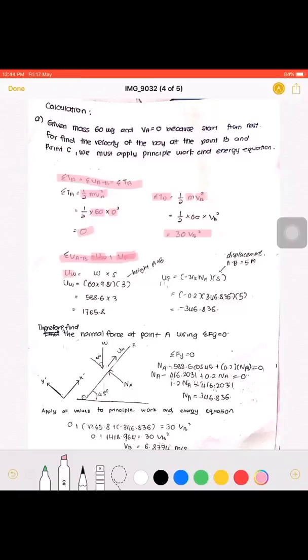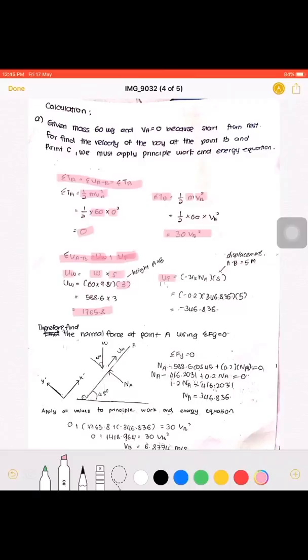UW is the force of weight times the distance, S. The distance S is the height of A to B, which is 3. And this is the answer.